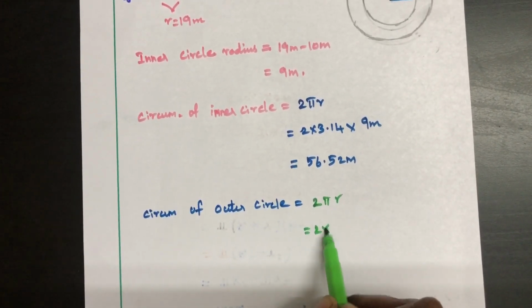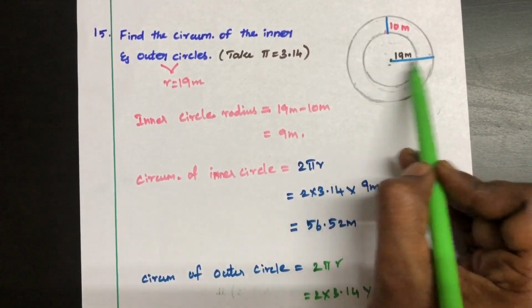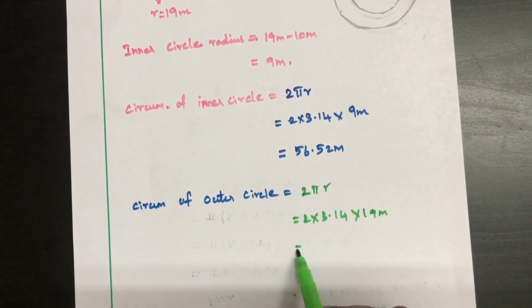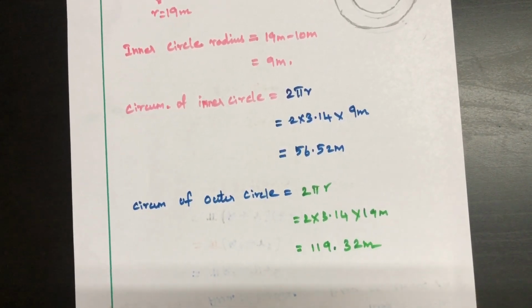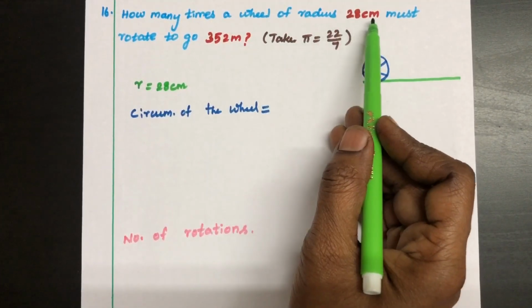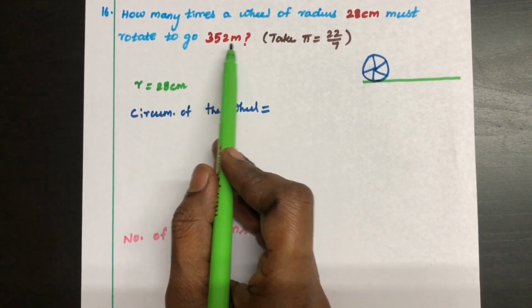So 2 into 3.14 into the bigger circle radius, full radius 19 meter, which is equal to 119.32 meter.